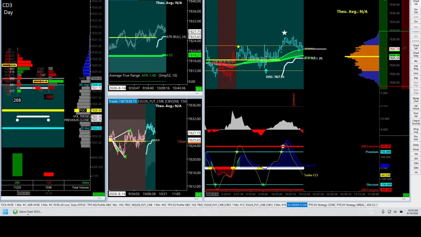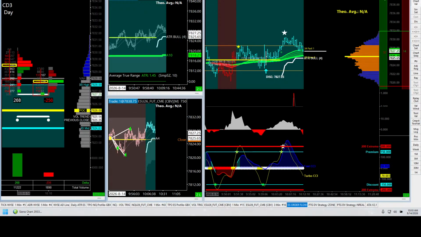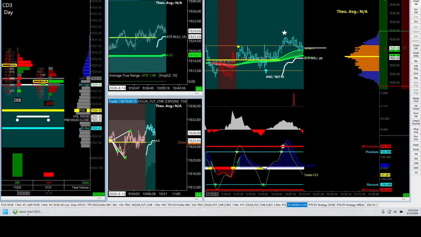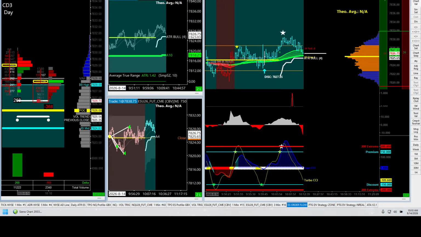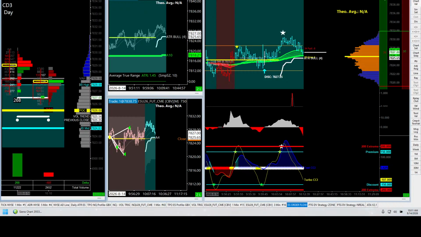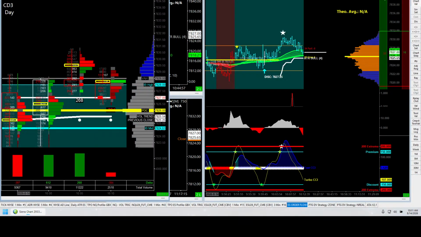All right, not really getting anything, folks. Little probe against the high once again. Again, take a look at the volume.